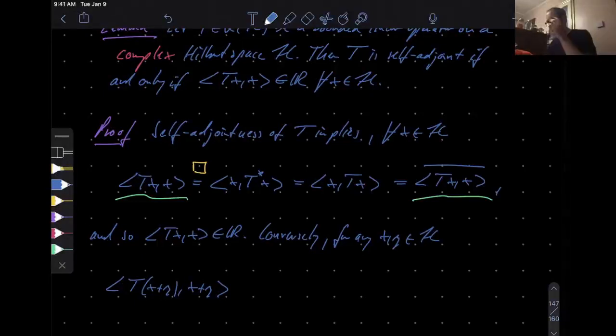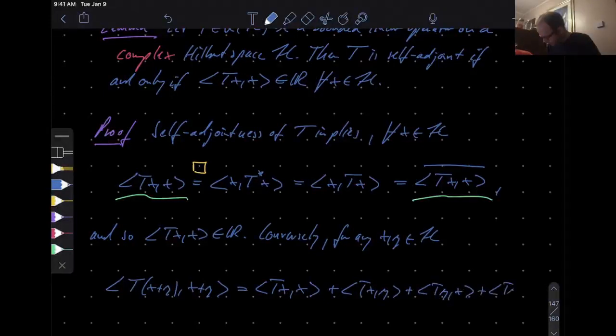But now the other direction is only valid if you are over the complex number field. So we have here a few things. Linearity of T and linearity of the inner product in the first vector allows me to chop this up in 4 pieces. We have Txx plus Txy plus Tyx plus Tyy.